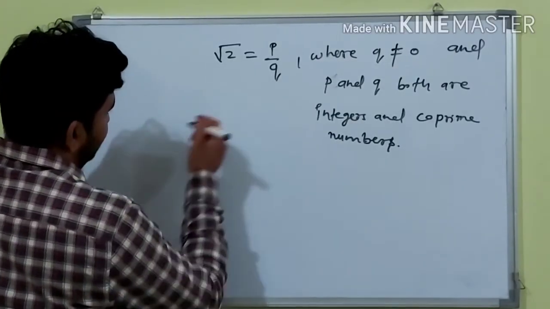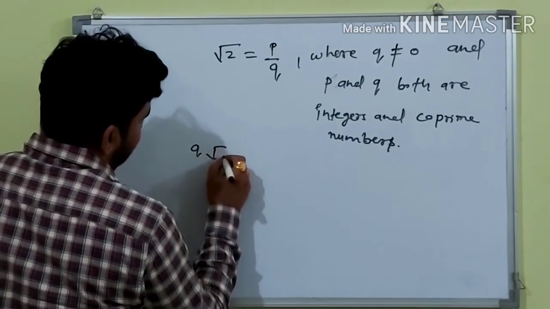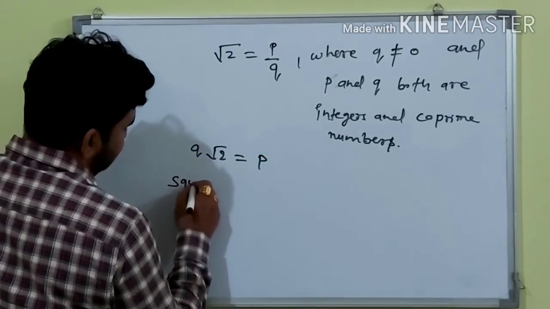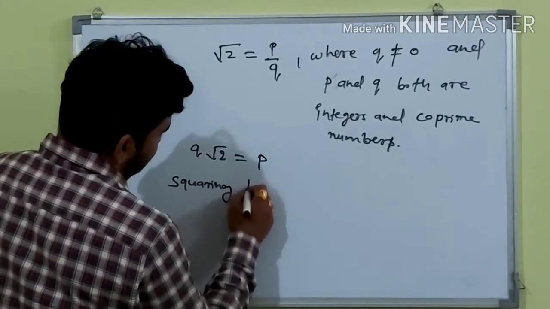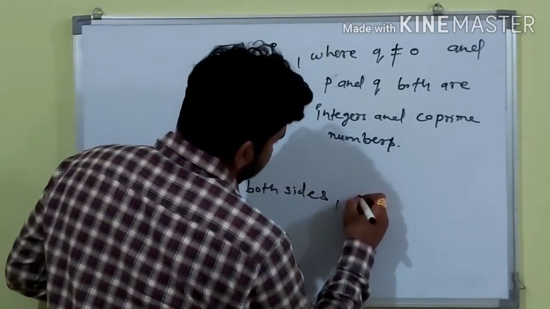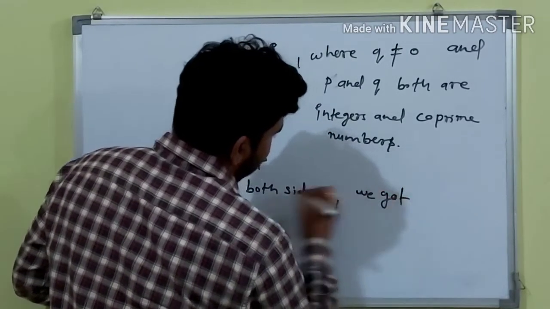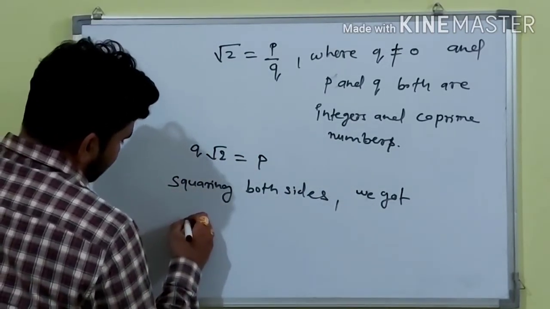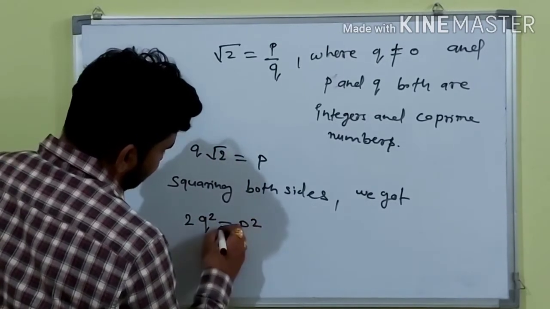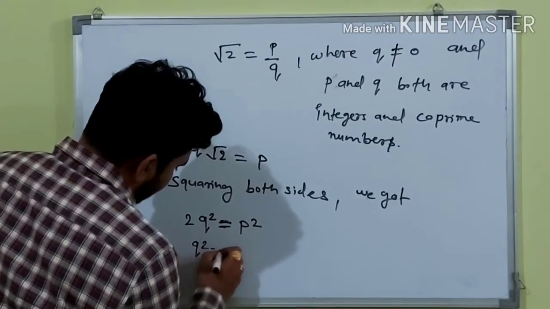First rearrange it, so we can write under root 2 times Q is equal to P. Squaring on both sides, what did we get? 2 Q square is equal to P square.